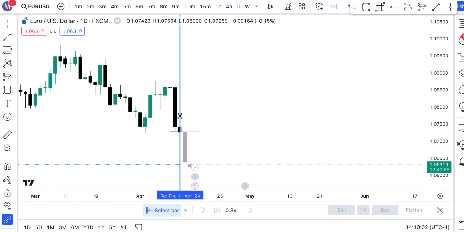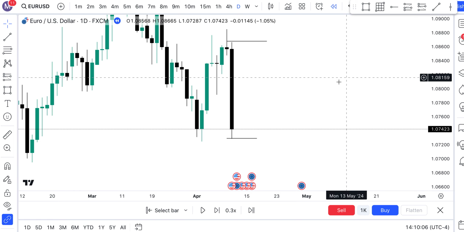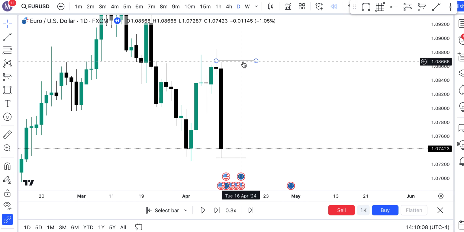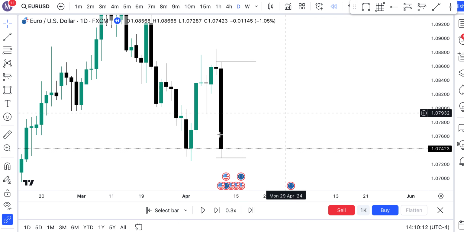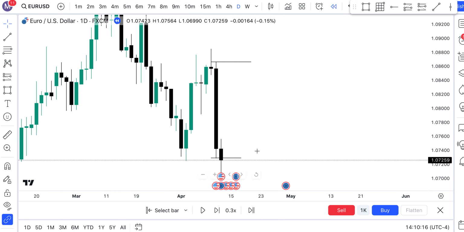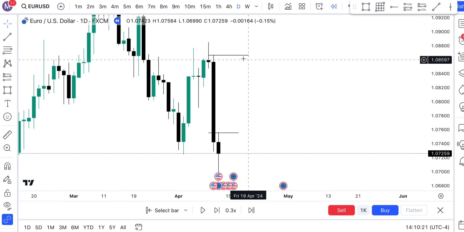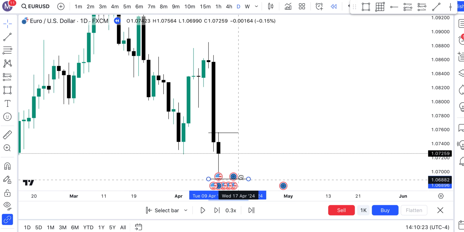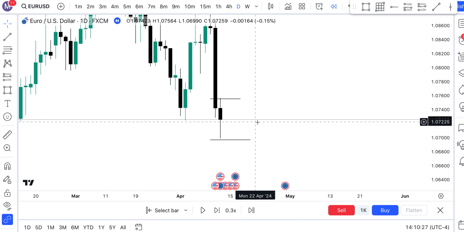This is 1 day's worth of price action. One day you're getting one high and one low. The next day you're getting one high and one low. So every day you're getting one high, one low.